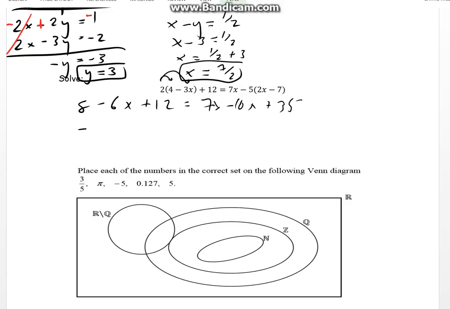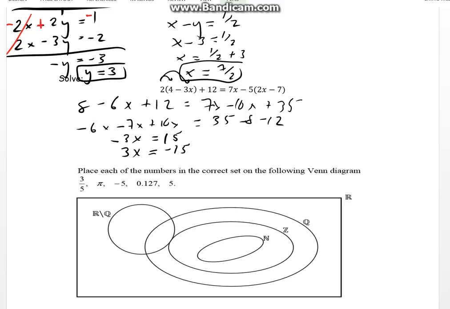Get our x's to one side, so minus 6x minus 7x plus 10x equals 35 minus 8 minus 12. Signs are changing because they're crossing the equals, remember that rule. So minus 13 plus 10 would be minus 3x, equal to 35 minus 8 minus 12, which is 15. 3x is equal to minus 15.